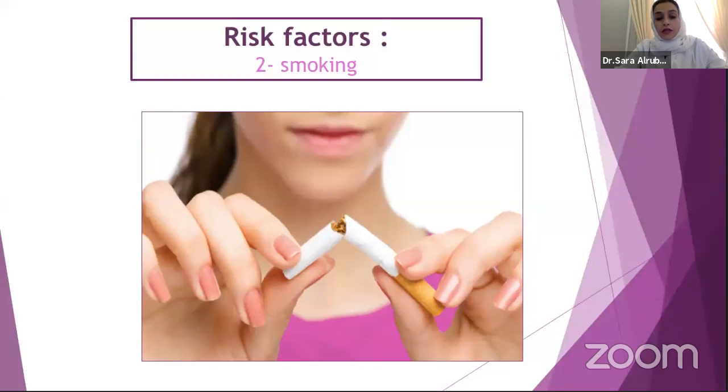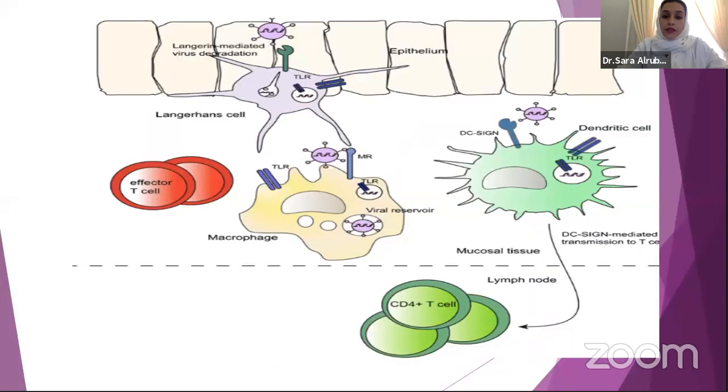The first mechanism is that smoking itself causes a decrease in the function of Langerhans cells. The Langerhans cell is an antigen presenting cell. Usually these cells recognize the organism or the virus, then present their antigen to the other types of immune cells, so the immune system will fight this organism and eradicate the virus from the body.